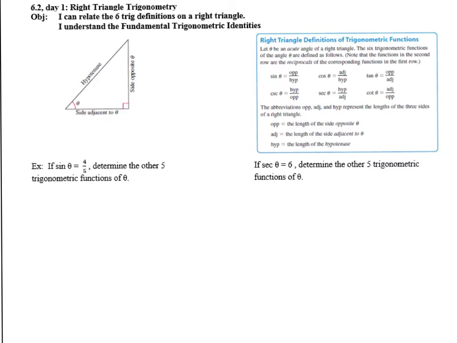So this angle theta down here that's marked, given the fact that it's in a right triangle, as this angle is marked as 90 degrees, I know it has to be acute, right? The two non-right angles in a right triangle, mathematically, both have to be less than 90, okay?